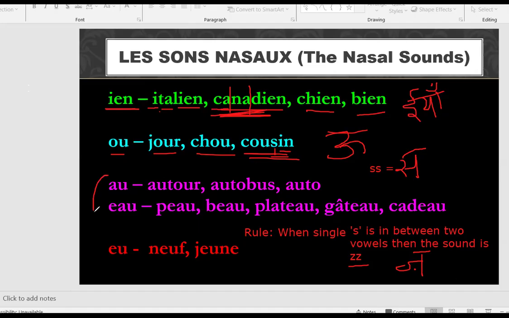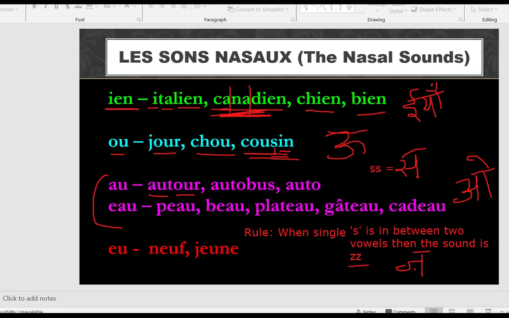Okay, the next sound AU, EAU. So, and you have OU as well in between. So the sound to it is O. AU, EAU is O. Then how you will be reading this? Autour.